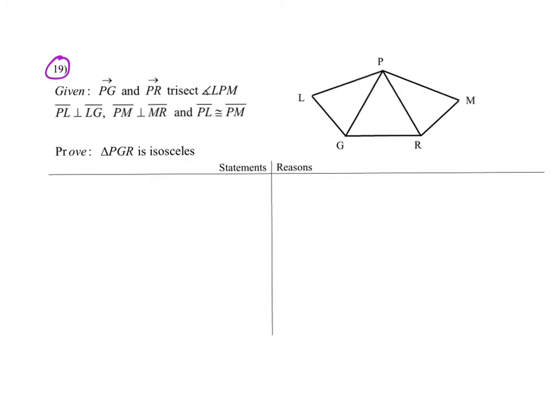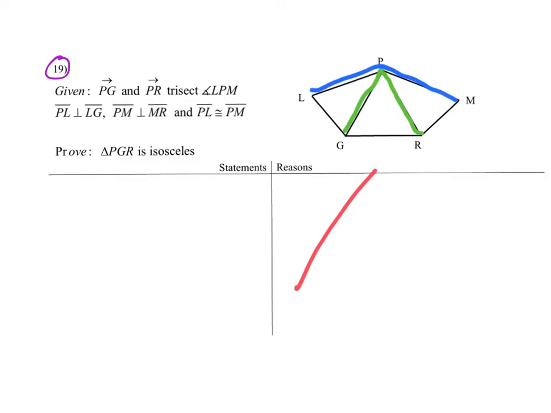So my first given is that PG, this one right here, and PR, this one right here, trisect angle LPM, which is this top angle. Trisect is very similar to bisect, but the three angles are going to be congruent as opposed to just two angles being congruent.